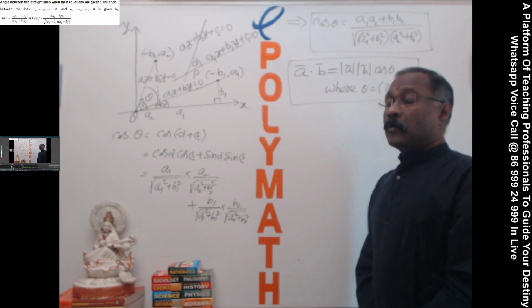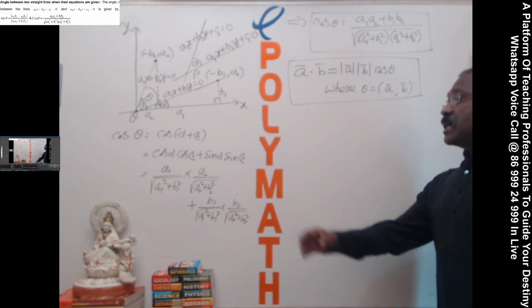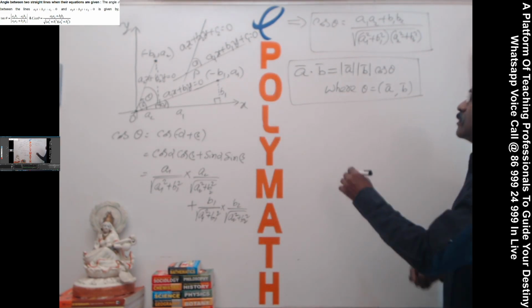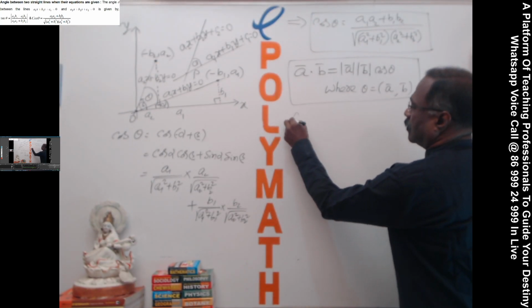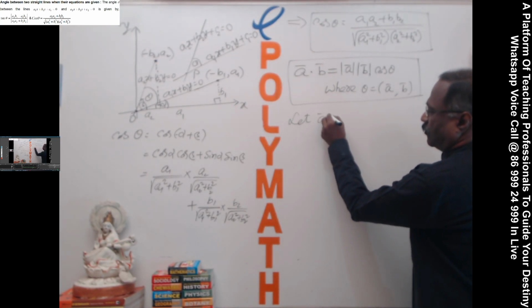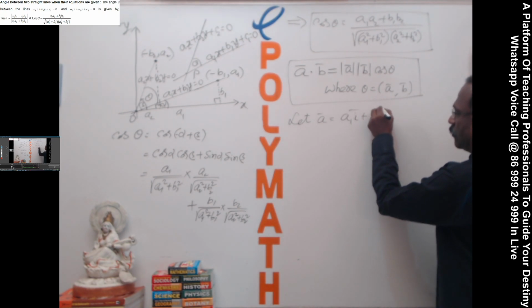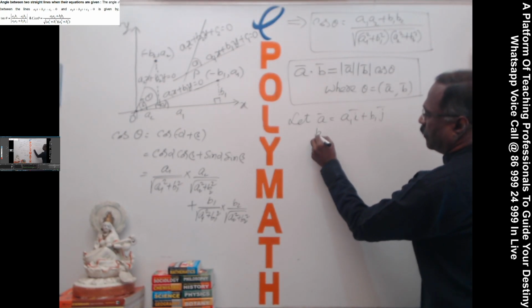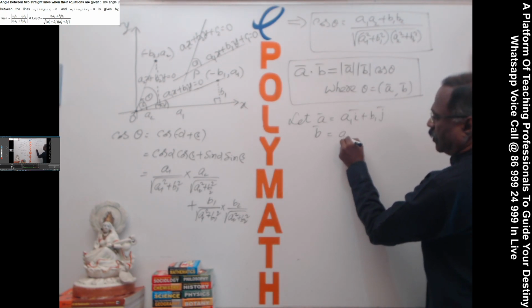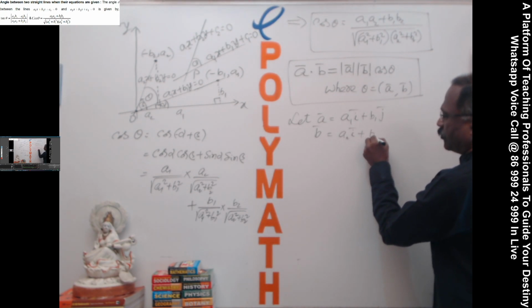Okay, I'm telling you the alternate method for this one. Let A bar be equal to A1 I bar plus B1 J bar, and B bar be equal to A2 I bar plus B2 J bar.